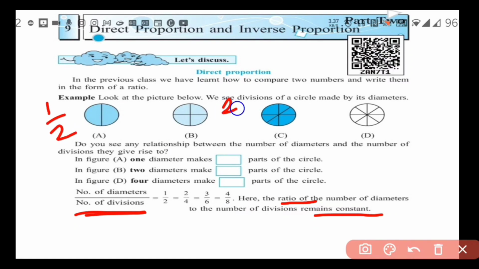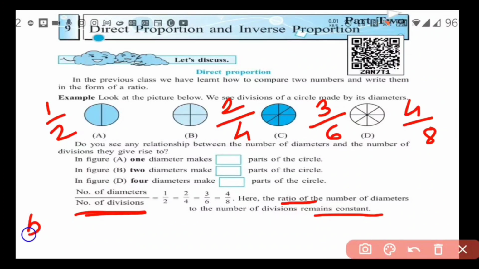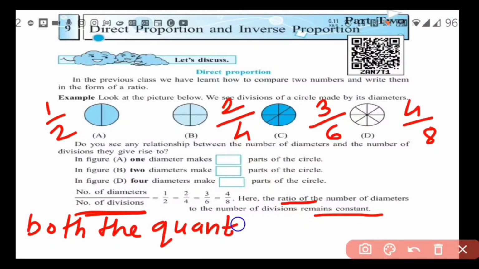Here diameters are 2 and parts are 4. Here diameters are 3 and parts are 6. Here diameters are 4 and parts are 8. That means when the number of diameters increases, the parts of the circle also increase. Both the quantities are increasing.